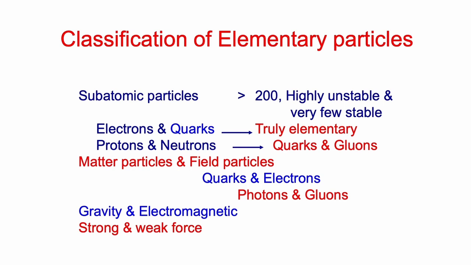The term subatomic particle refers to both true elementary particles such as quarks and electrons, and also to the larger particles that are formed by quarks. There exist matter particles and force or field particles. Quarks and leptons are matter particles, whereas photons and gluons are force particles.